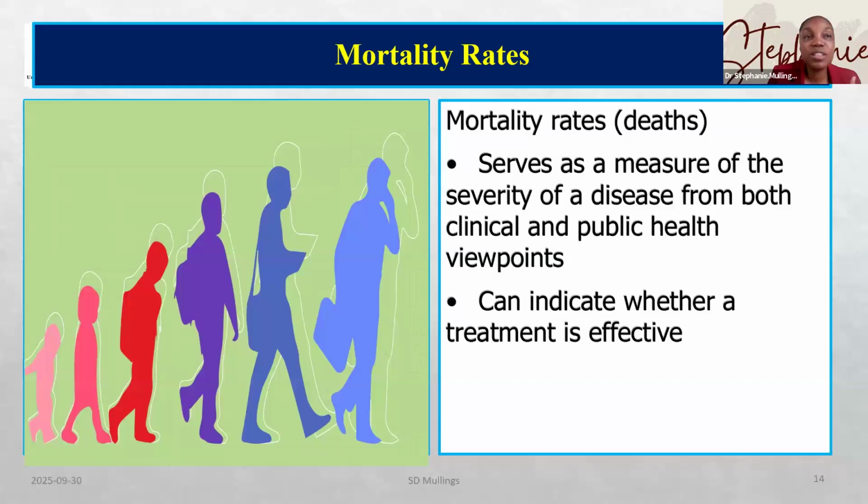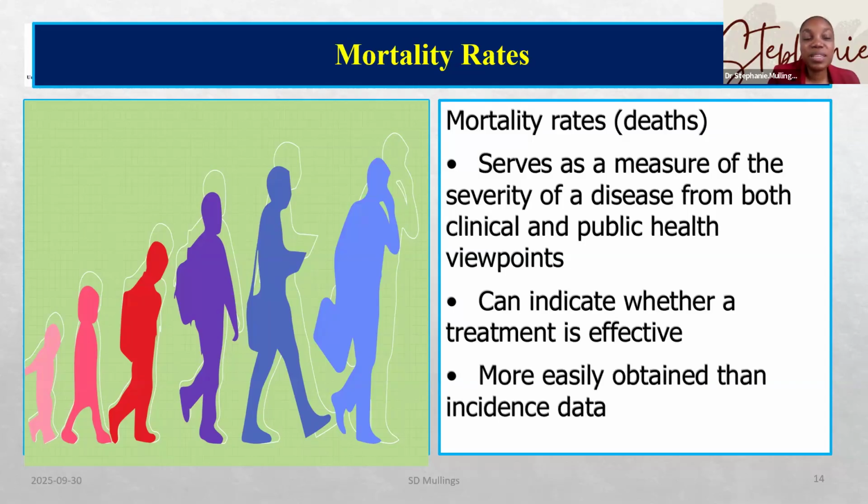It also helps us in the management of diseases. So if we recognize that a larger number of persons are dying from this particular illness as opposed to that particular illness, then we need to refocus our programs or train our human resources, and provide maybe financial resources to stem these conditions.